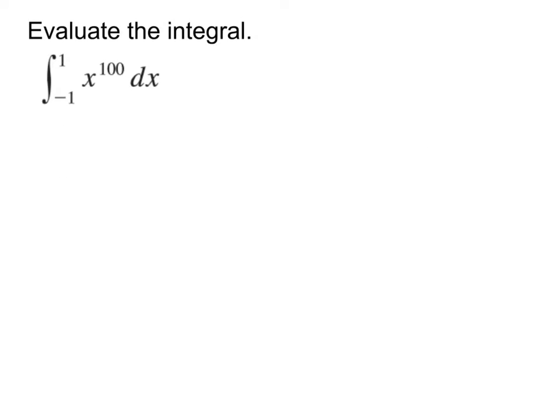We're going to put it into practice first with this problem. So go ahead and write down this problem, and we're going to see how we can apply it. Now the first thing I need to do is figure out what my antiderivative is. So I need to figure out what capital F of x actually equals. I'm going to do the antiderivative here of x to the 100th power.